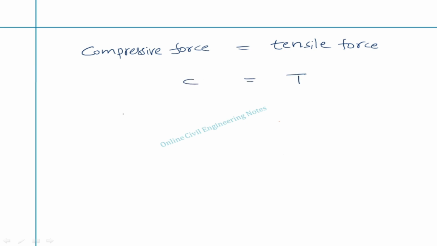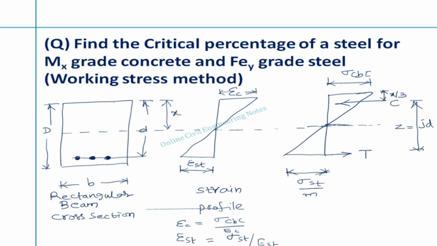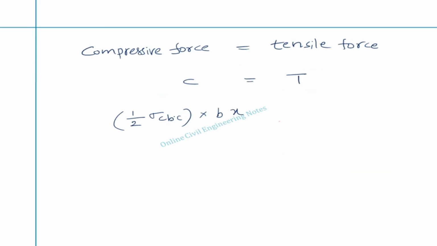Compressive force is equal to the stress in the compression zone into area of the beam section in the compression zone. That is half into sigma CBC. This is the stress. Area is b into x. See, this is the compression zone up to this depth x. So area is b into x.